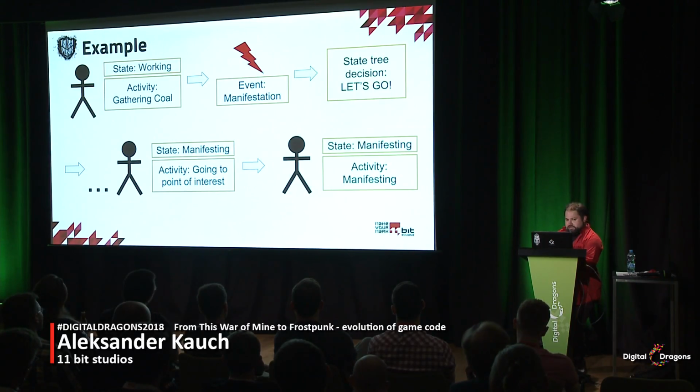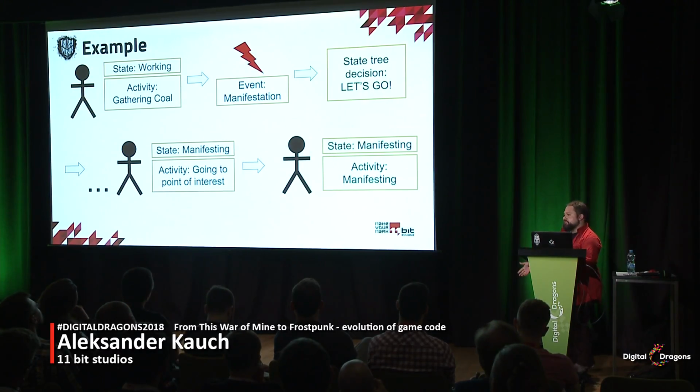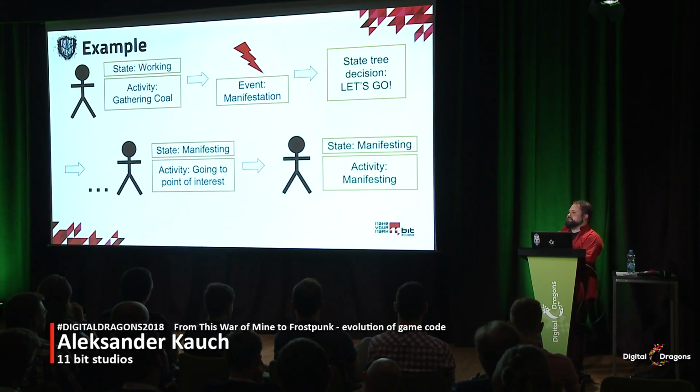So the state is changed. We are in the manifesting state, and we have the activity going to point of interest. And when we arrive at the manifestation site, we are still in the manifesting state because no event changed that. And our current activity is manifesting, so probably the agent would be playing an animation, whoa, that he is not very happy with our decisions.